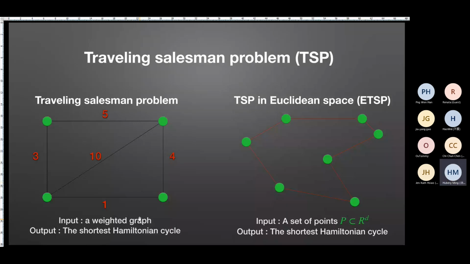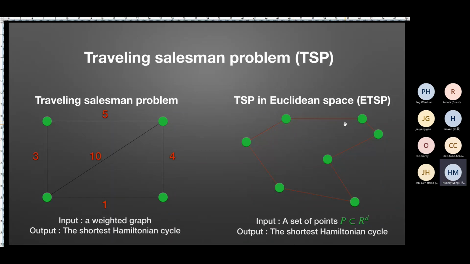And let's consider a special case of traveling salesman problem, that is TSP in Euclidean space. We are given a set of points, a set of points P in d-dimensional Euclidean space, and the weight between points is actually the Euclidean distance between them.